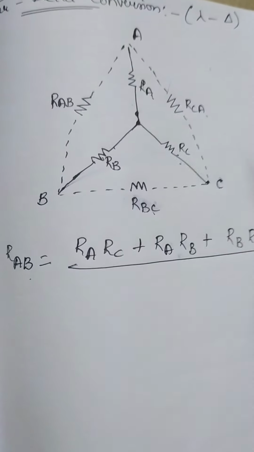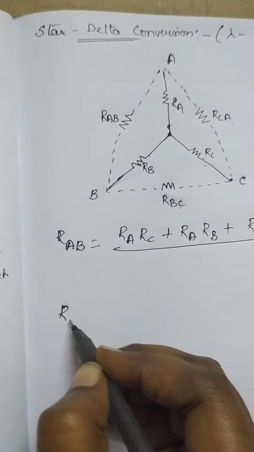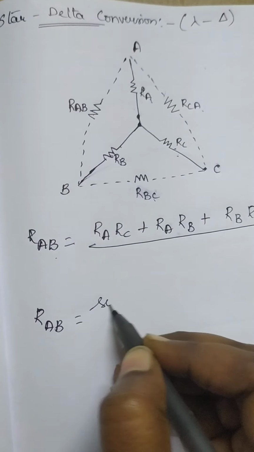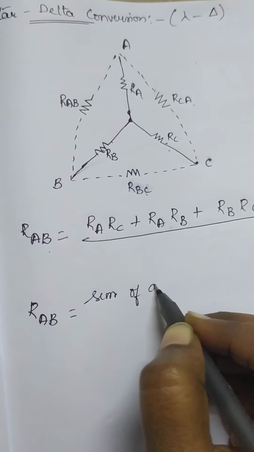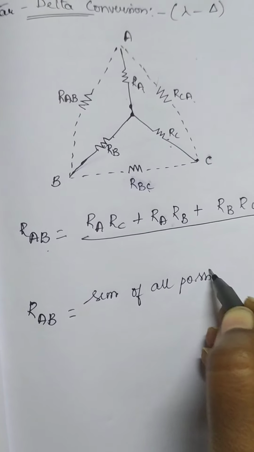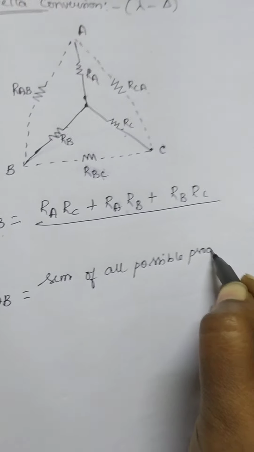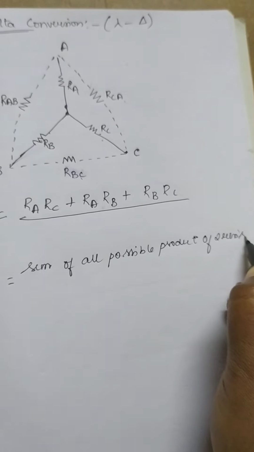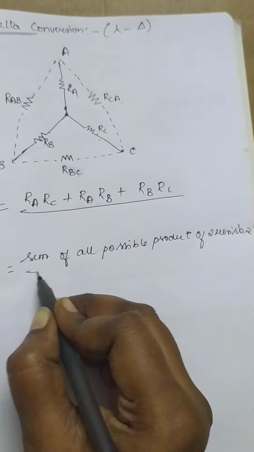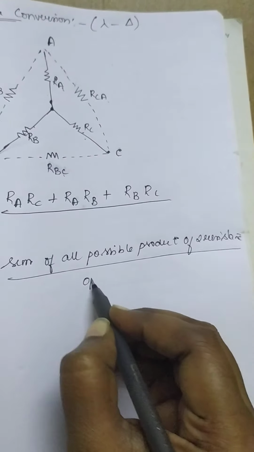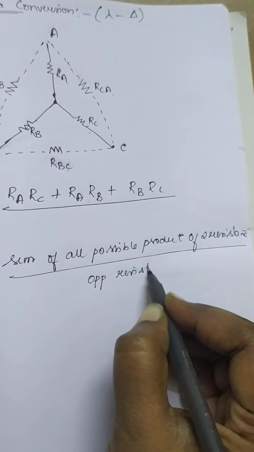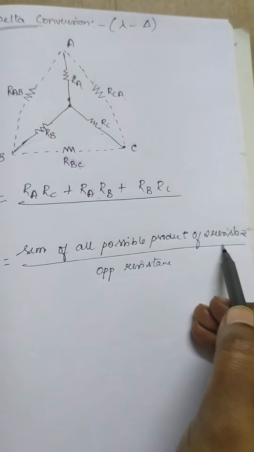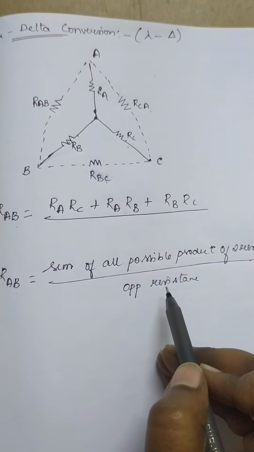As I told you, if you want to find RAB, the formula is the sum of all possible products of two resistances divided by the opposite resistance.